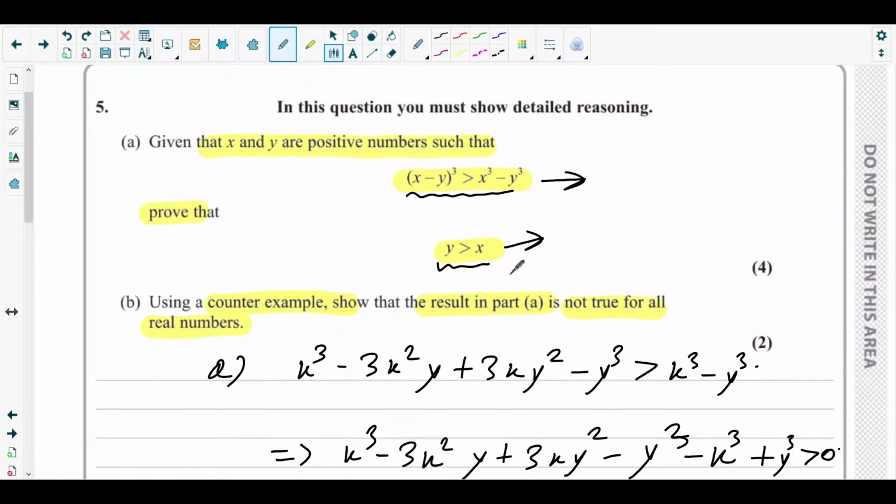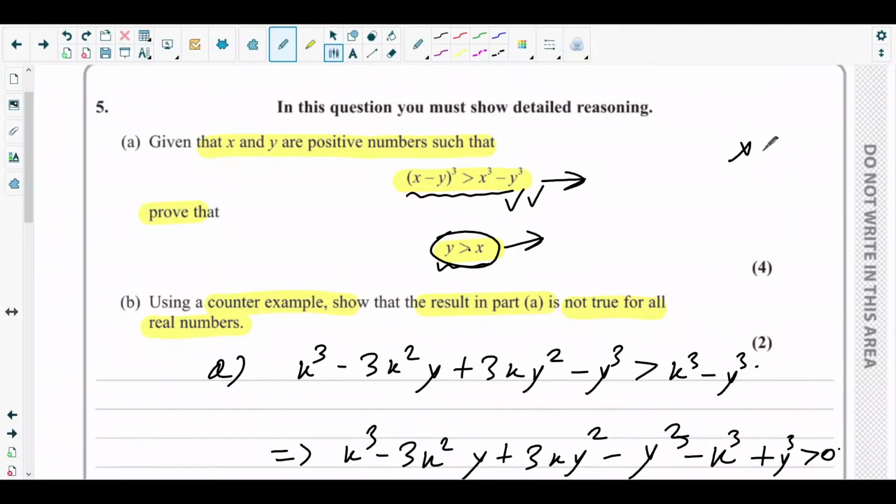So what we will do is consider two values, one for x and another one for y, in such a way that it will be just the opposite of the given condition. Using that opposite condition, we will show that we are still getting this inequality true. It says y greater than x, so we will consider y less than x.